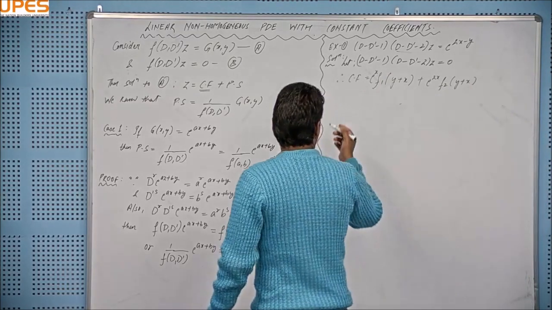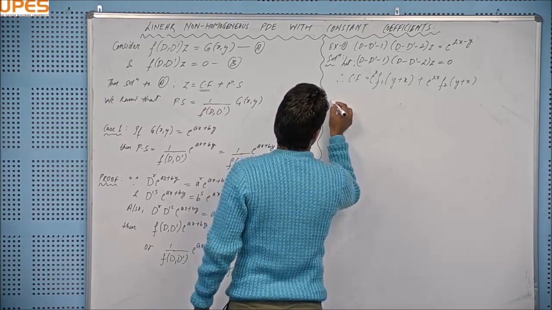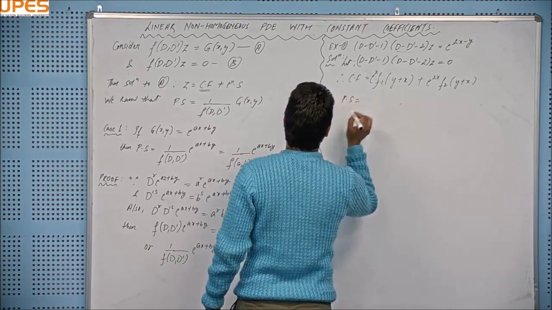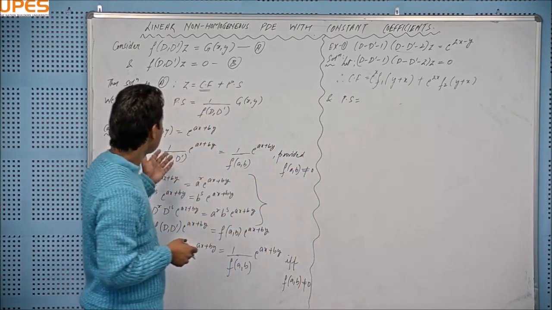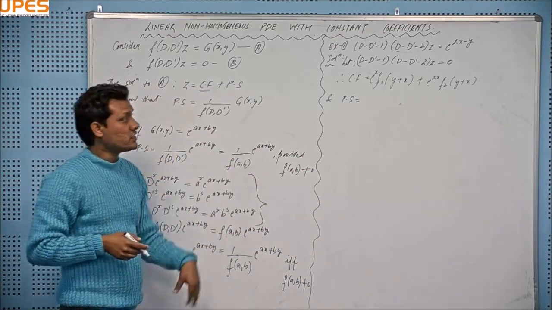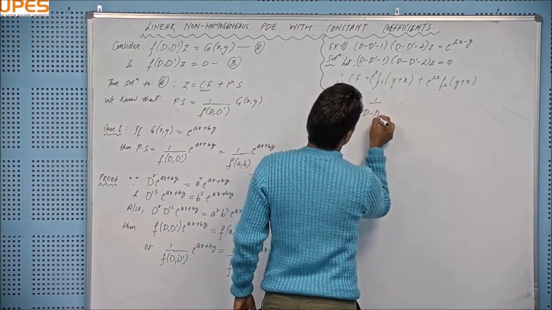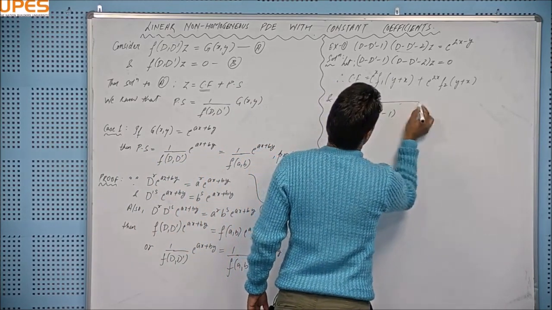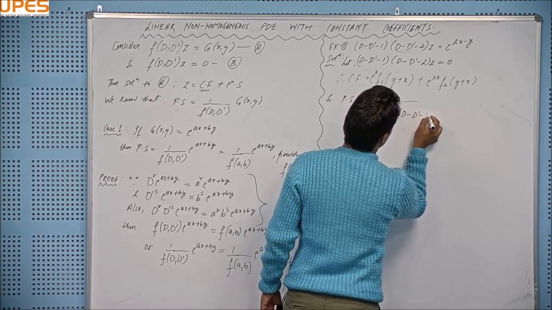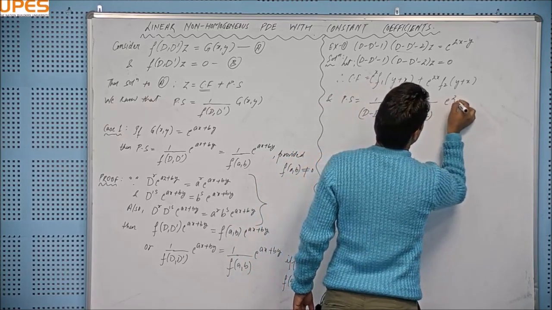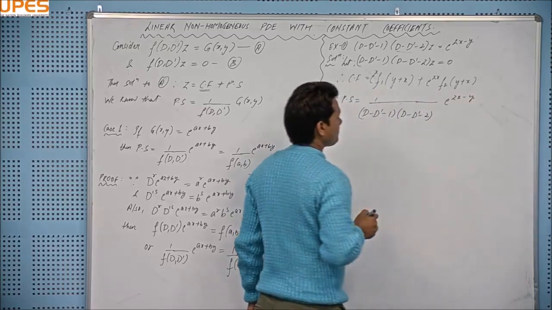Okay. And then focusing on the particular solution, which we are going to discuss for this case, exponential function present on the right hand side, that will be 1 over (D - D' - 1)(D - D' - 2) e to the power 2x minus y. Okay.